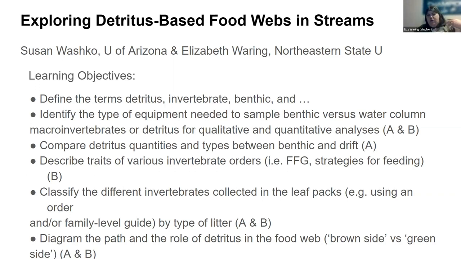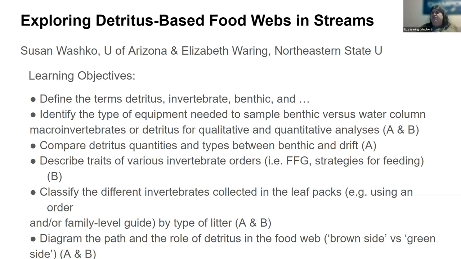We made a two-part lab looking at detritus-based food webs in streams. Part A focused on the detritus itself and the different kinds of detritus that you can find in a stream, and part B focused in on the macro inverts. We have a lot of learning objectives here.